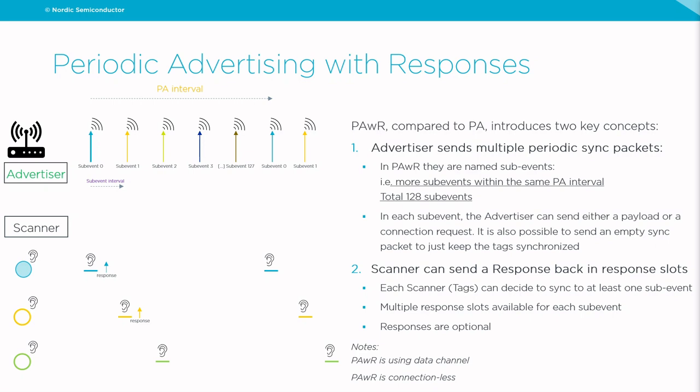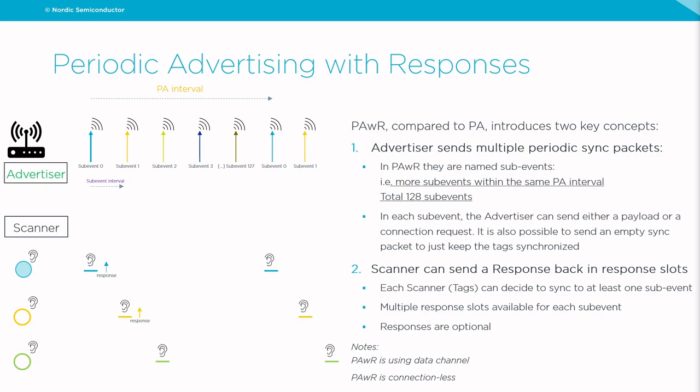Peripherals, for example tags or sensors, can subscribe to one or multiple of these sub-events. In each of these sub-events, the advertiser can send a payload or request a connection to the device listening to this sub-event. Naturally, if you just want to keep the tags synchronized, you can also send an empty packet.